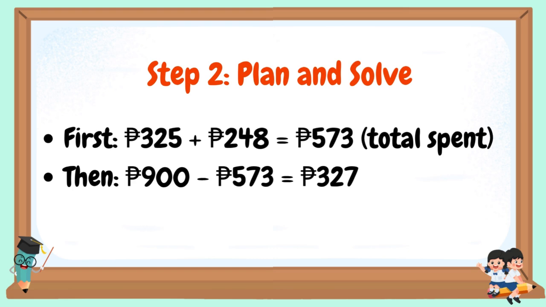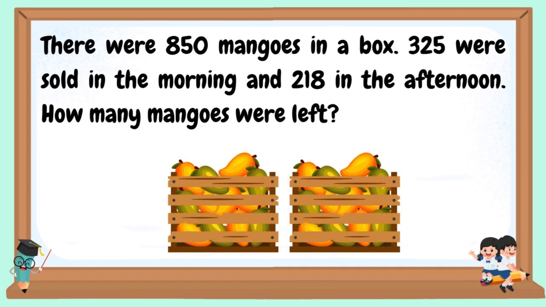First, add 325 and 248. The total spent is 573 pesos. Then subtract 573 from 900 pesos. The total is 327 pesos.